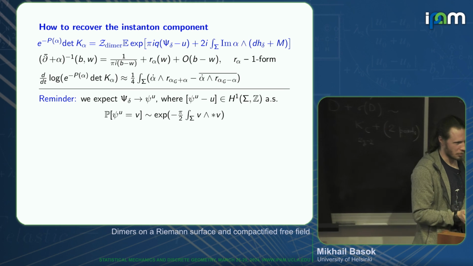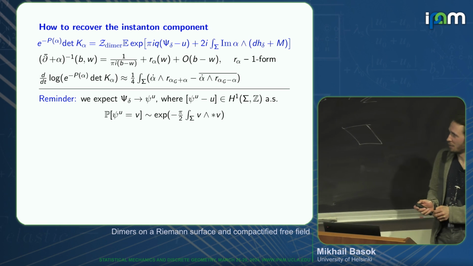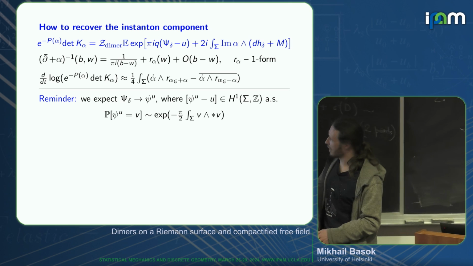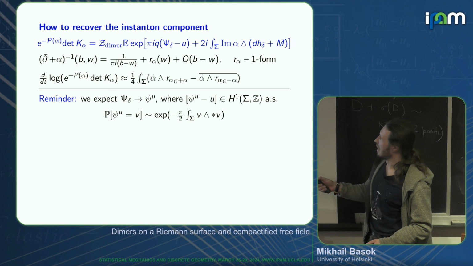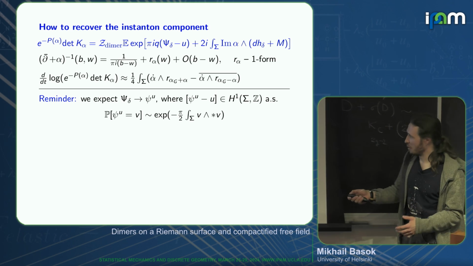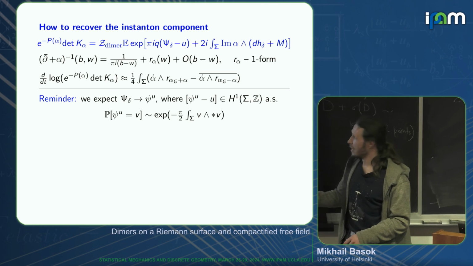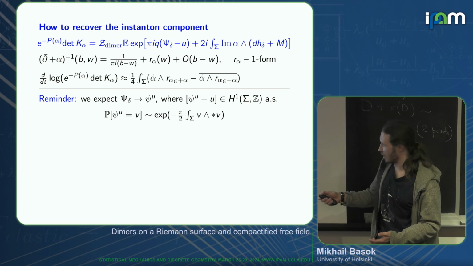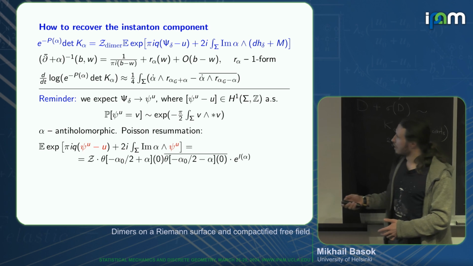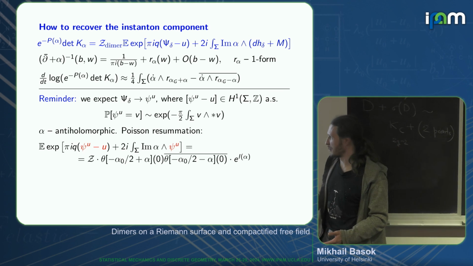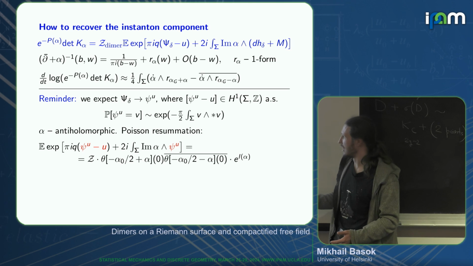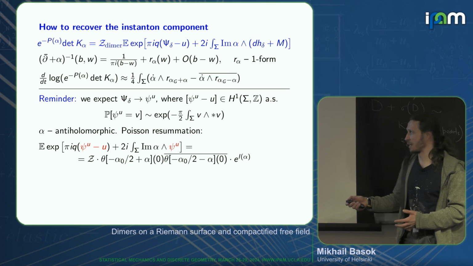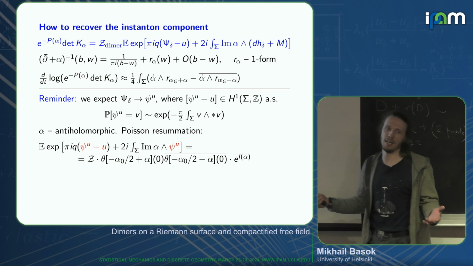I wanted to say a couple of words on how you reconstruct the instanton component from here. I'll tell it very briefly. Now we can control these expectations. We remember that we expect our vector of monodromies to converge to that discrete Gaussian vector. So we look at the same expectation for this discrete Gaussian vector, and using some clever Poisson transformation technique, we can express this expectation in terms of theta functions, and this basically gives the answer.